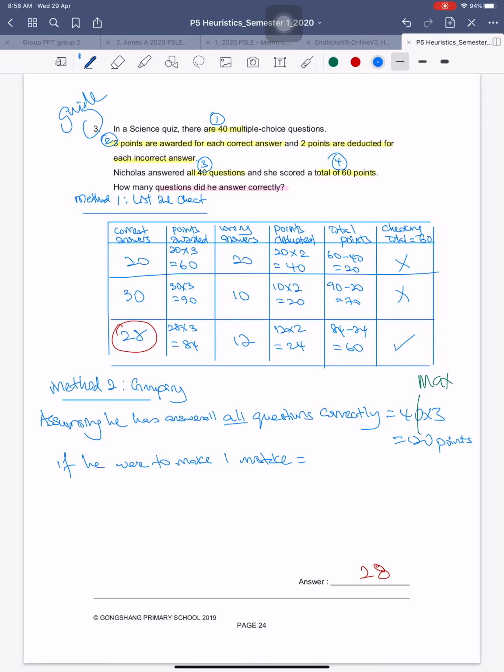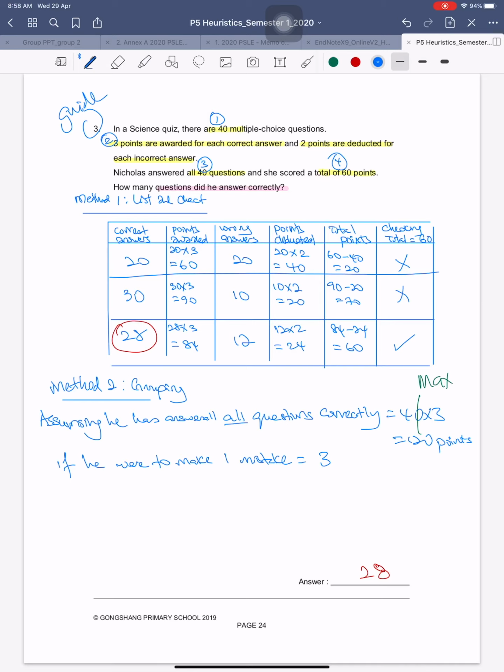Now this is the part that I want you to understand. If you make one mistake, it's not 2 points. He actually lost 3 points because this is the number of points he will get if he gets the question correct. Let's say for example question 1.